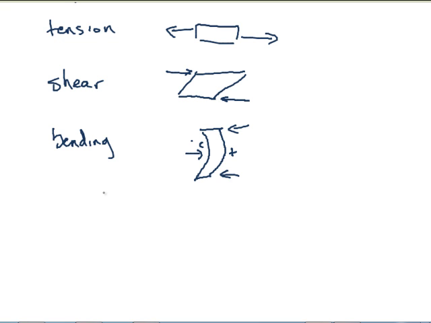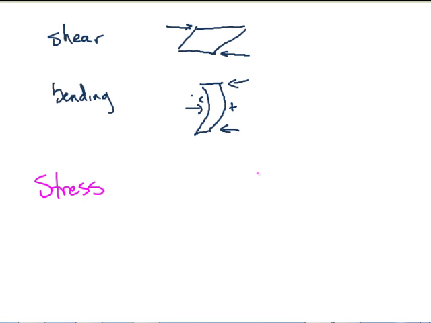Alright, then we went on to stress. So basically stress, we're looking at the amount of force over a given area, and we had stress equal to force over area, newtons per meter squared as the units.